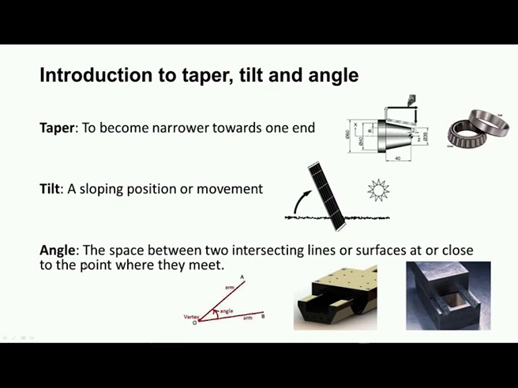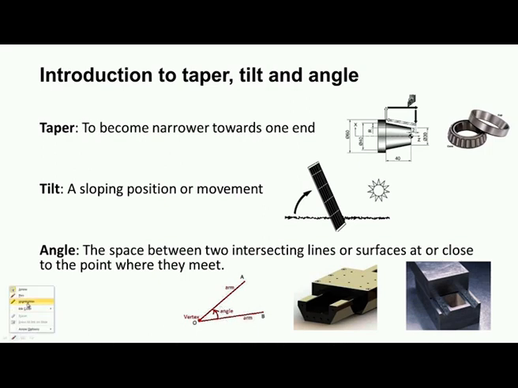And then we have the term angle. It is the space between two intersecting lines or surfaces at or close to the point where they meet. That means if you take two lines OA and OB, these two lines are intersecting at this point O. Now, this space is known as angle.